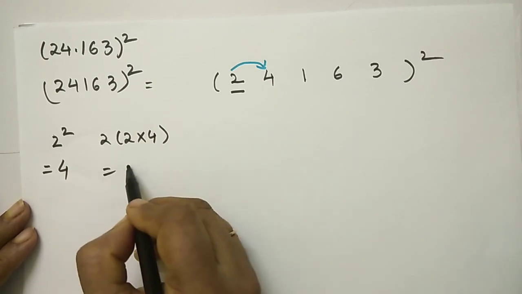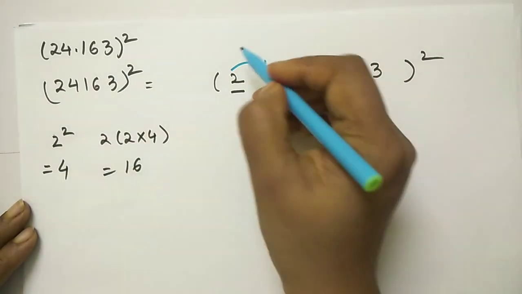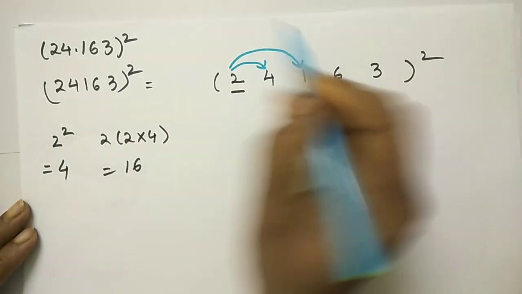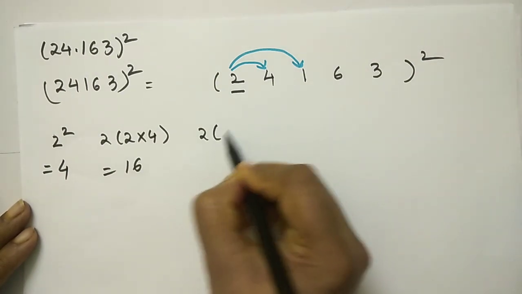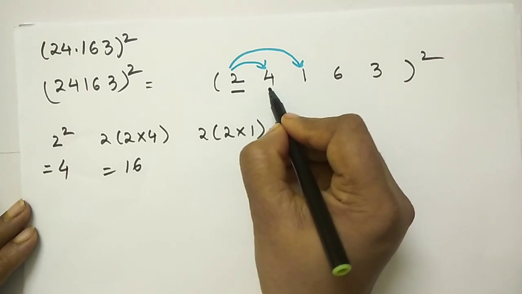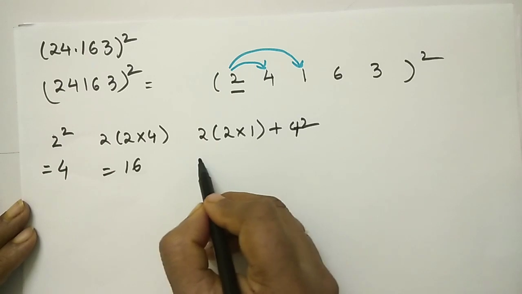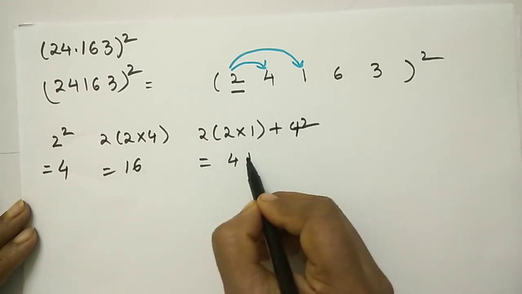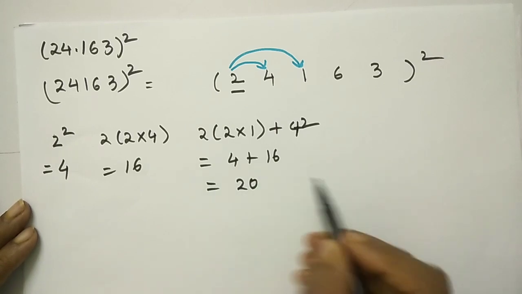So 8 into 2 is nothing but 16. Next you have to find the product of 2 and 1, plus, in the middle you are having 4, is it not? So write the square of that number. You will get 4 plus 16 is equal to 20.